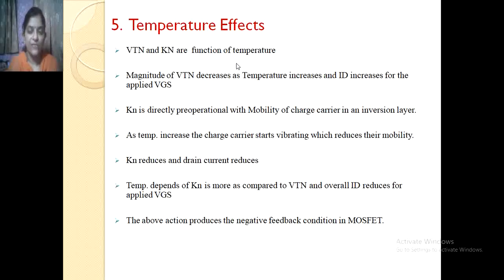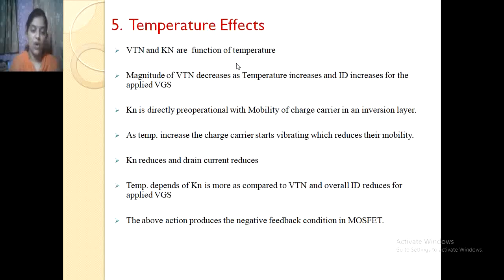Kn is not fixed for all the MOSFETs. It depends upon the fabrication process constant. Temperature dependence of Kn is more as compared to the Vtn, and overall ID reduces for applied VGS. So what is the effect of temperature?